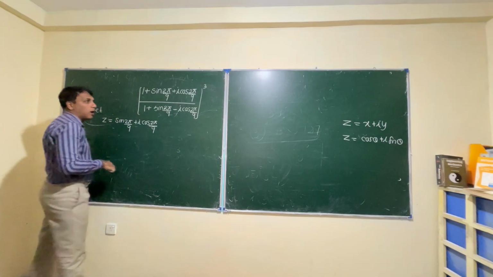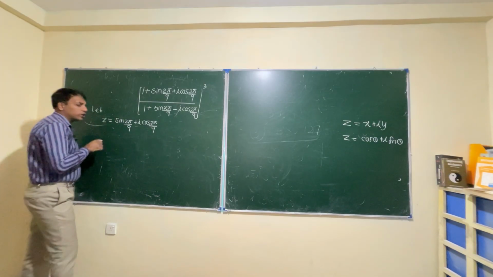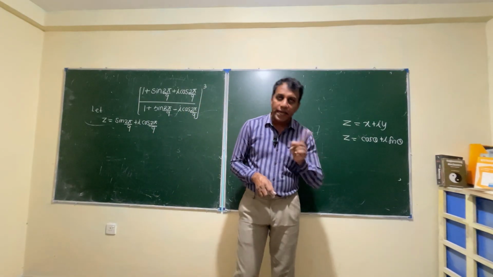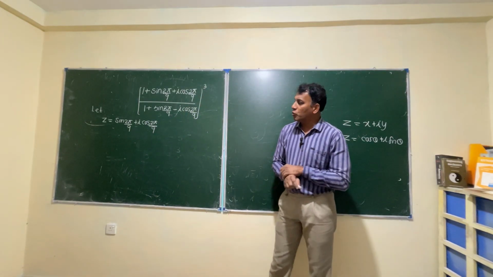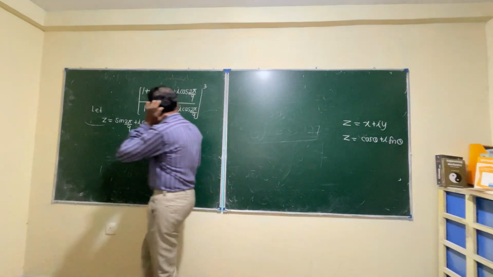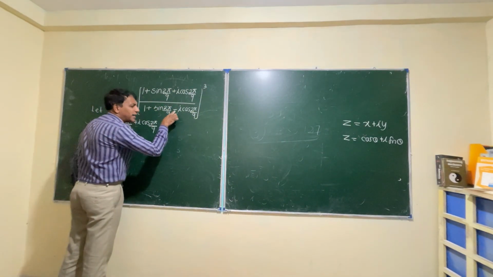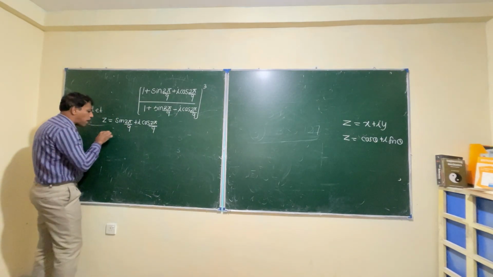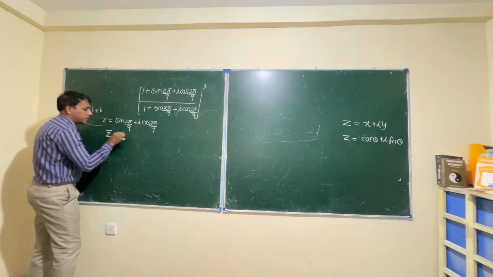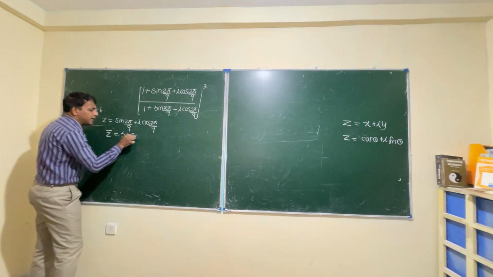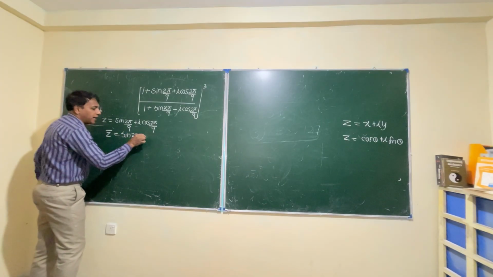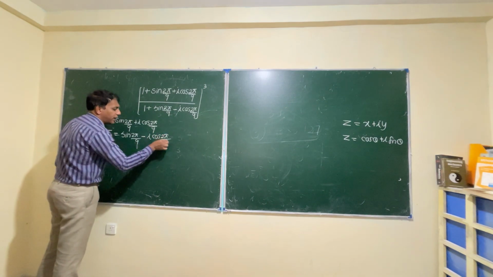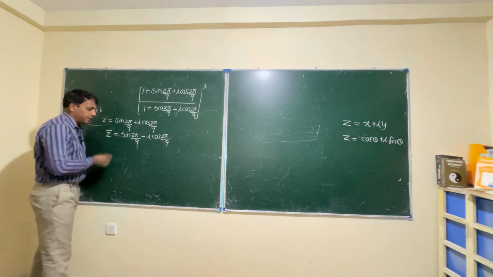But you know the trigonometric form should be cos theta plus i sin theta, so it has to be changed. Let's see how we can do it. So this is z. Therefore, its conjugate, z bar, is sin 2 pi over 9 minus i times cos 2 pi over 9. That is z bar.